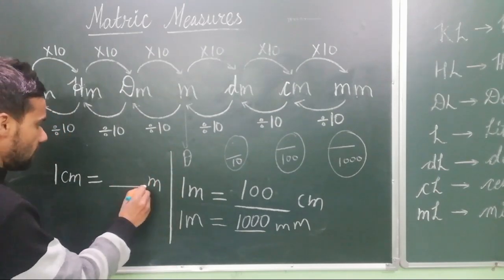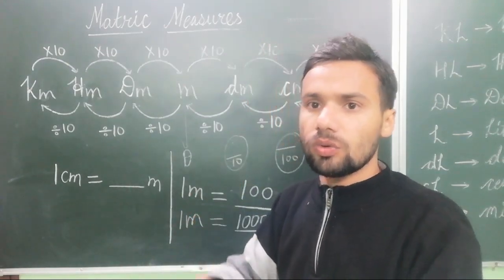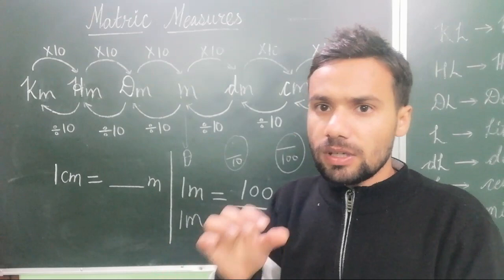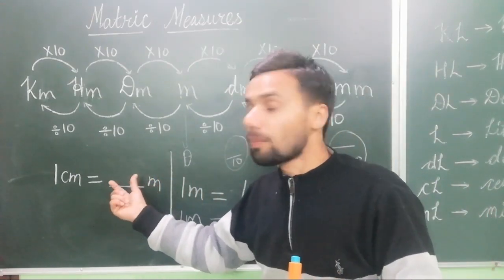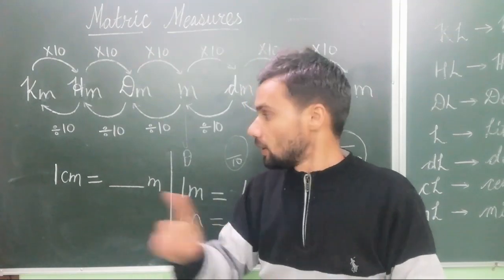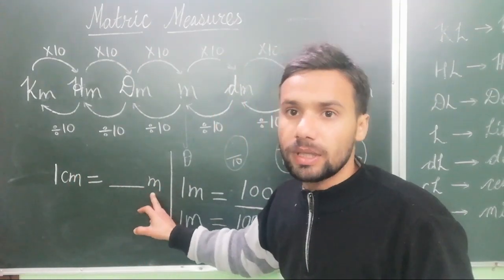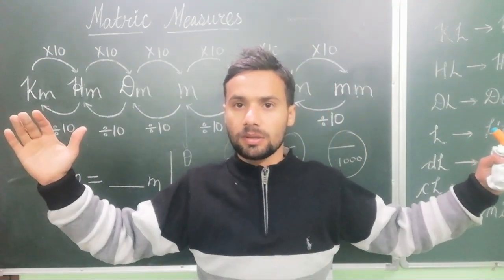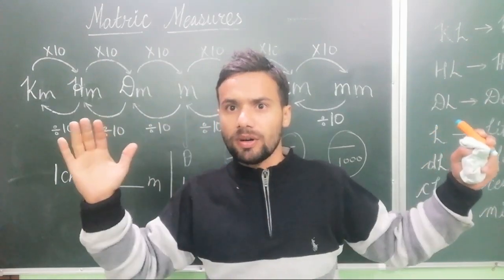So as you know very well, if you want to convert a small unit into a large unit, then it will not give a complete meter, it gives a part. Is it okay? Means 1 centimeter represents only part of a meter, because 1 meter is very big and centimeter is small. So 1 centimeter represents only part of a meter.